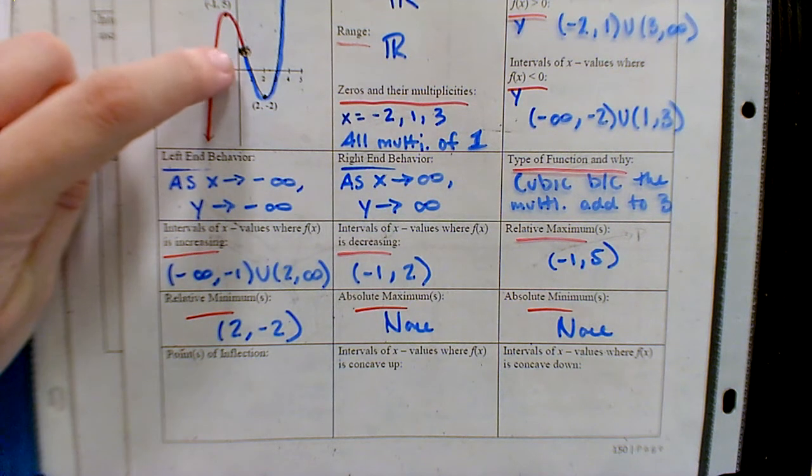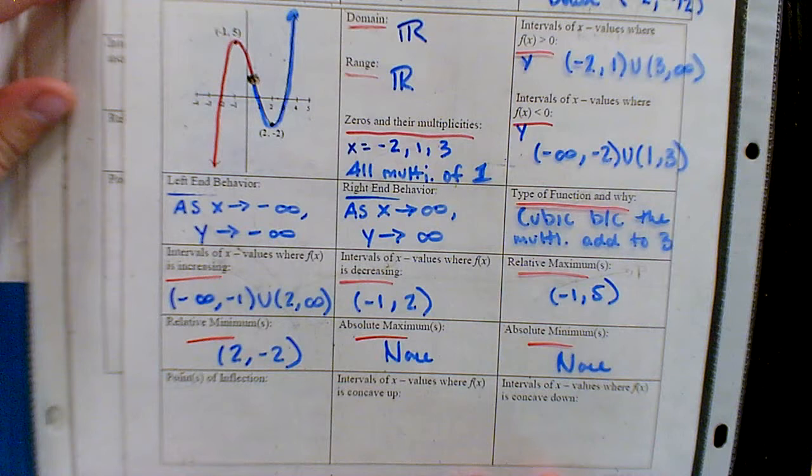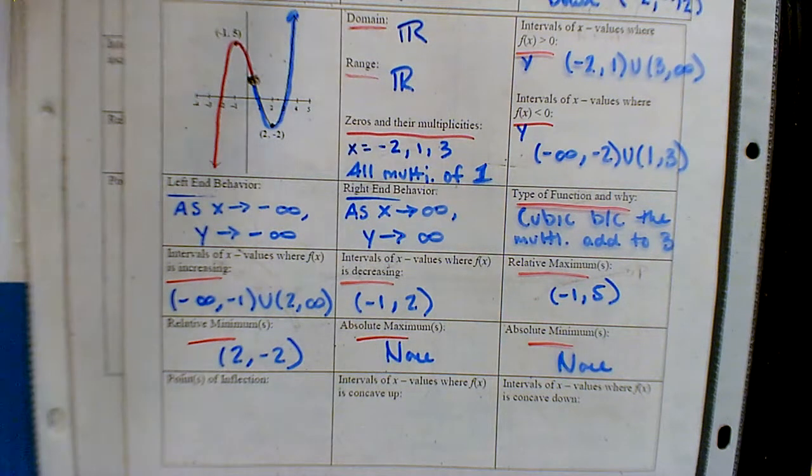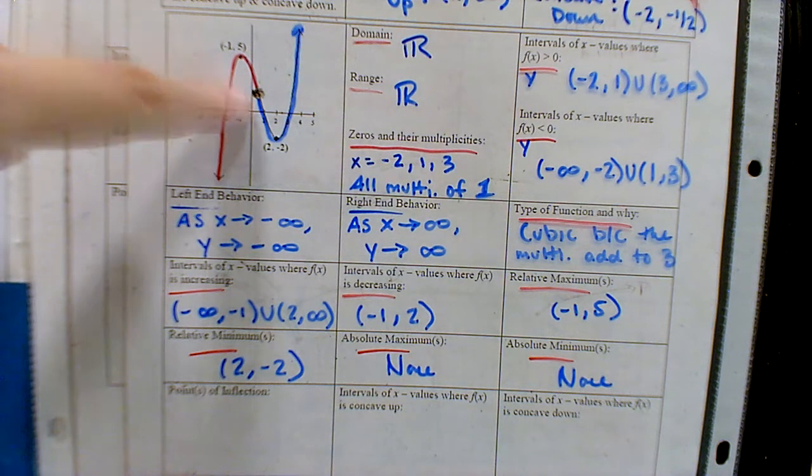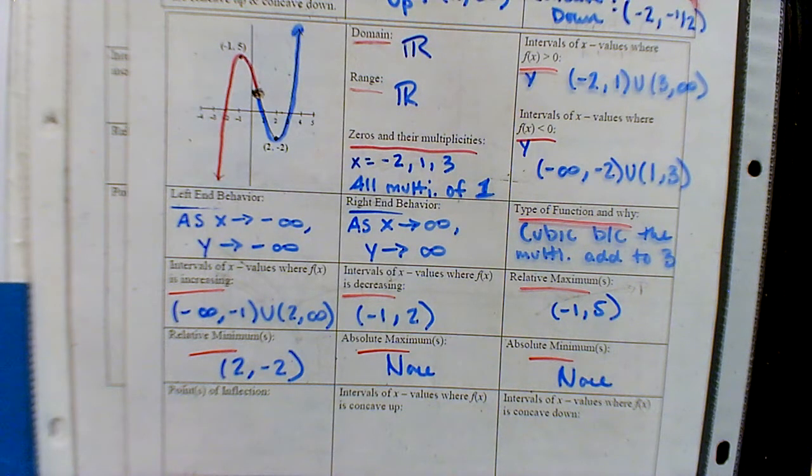So based off of this graph, that point of inflection is in one of three places. Is it between a max and a min? Is that point an x-intercept with a multiplicity of 3? Or is this point in the middle of an x-intercept with a multiplicity of 3 and a max or a min? Can we determine the type so that we can figure it out?